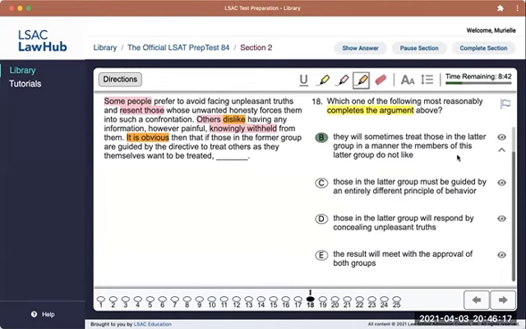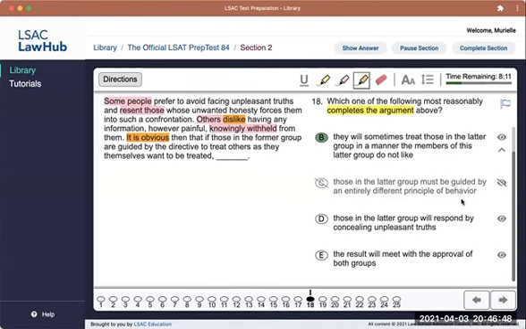The result of that would be conflict between them, right? Dislike and resentment. But the actual principle of behavior doesn't have to differ between the groups just because their preferences are different. So that would be a false assumption to make. Okay, so C is out.